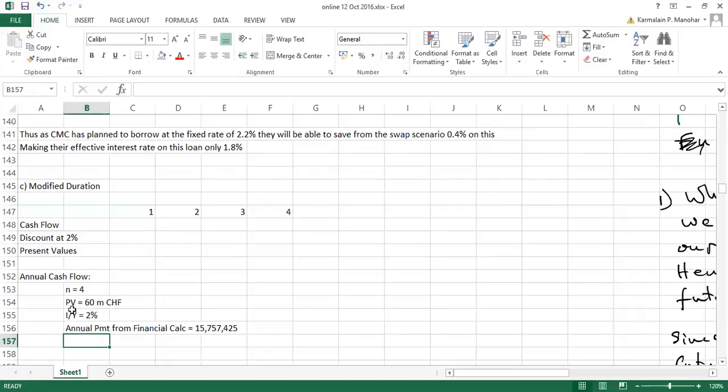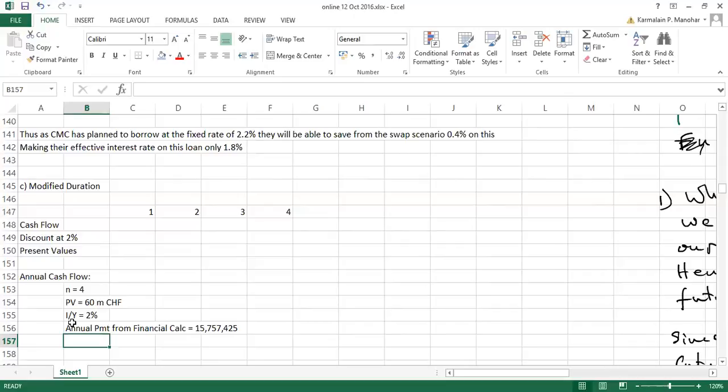Then press the PV. Press the 2. Press the IY. And then just hit compute and payment. Anything? I could put on the camera here and then show you what to do, right? But once you're successful there, excellent.